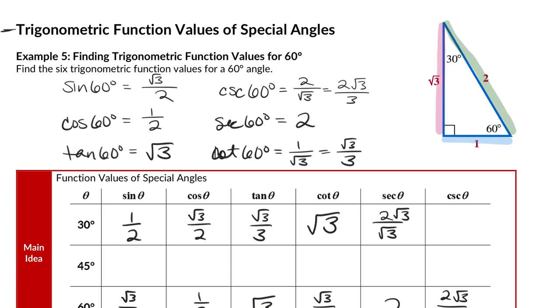So I move the radical 3 to the top and rationalize the 3. We're looking at 30. Cosecant of 30 degrees is the hypotenuse divided by the opposite, 2.